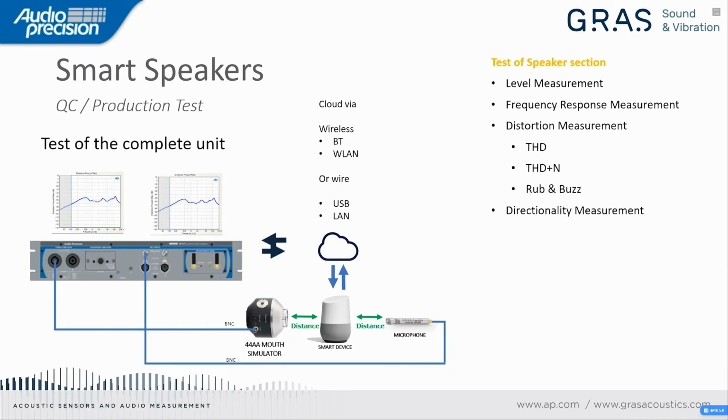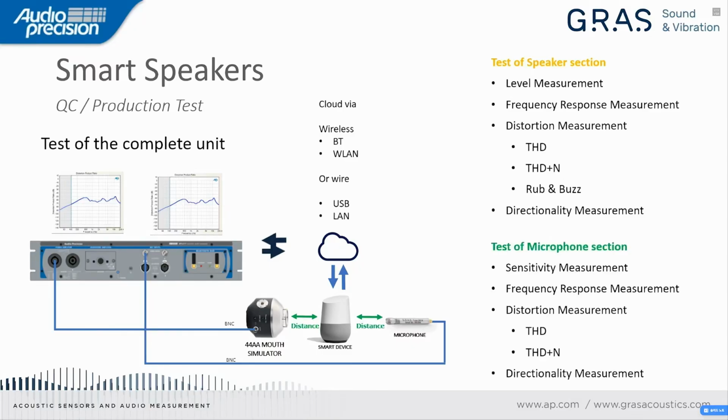It's level or sensitivity, it's frequency response, it's distortion measurements, total harmonic distortion, and directivity measurements as well. For the microphone section, we are actually going to measure very, very similar parameters.